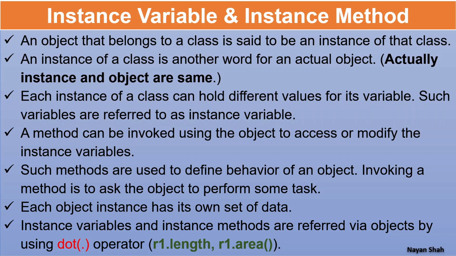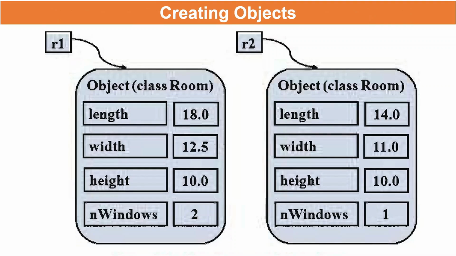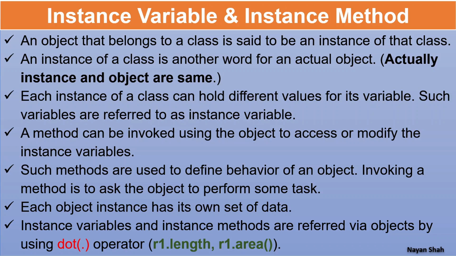Each instance of a class can hold different values for its variables, as you can see. These are the two instances of class Room, and they hold different values. R1 holds length 18 and R2 holds length 14. A method can be invoked using the objects to access or modify the instance variable.